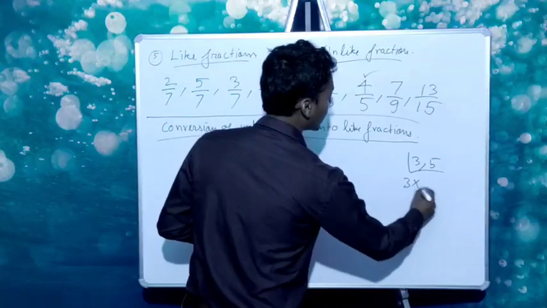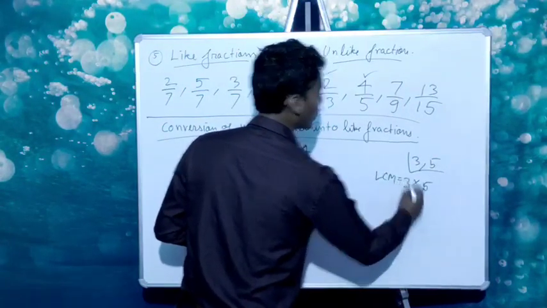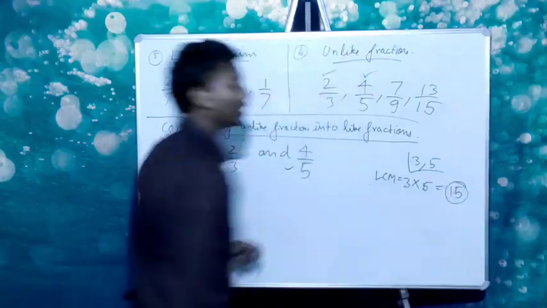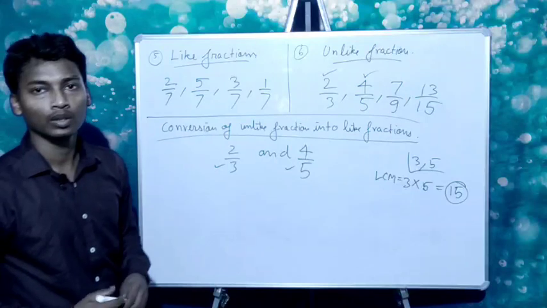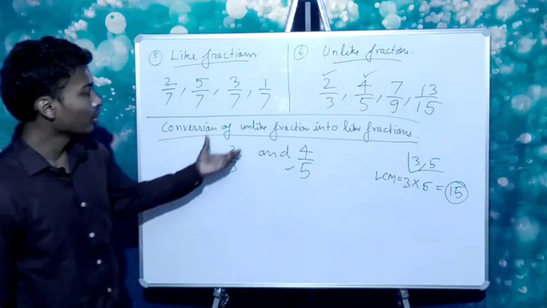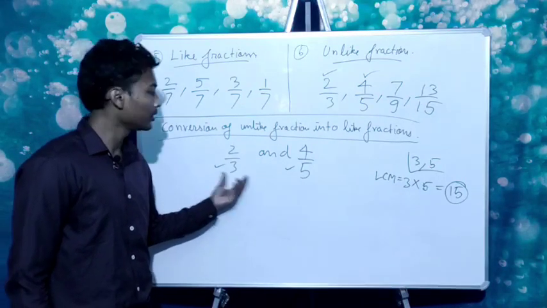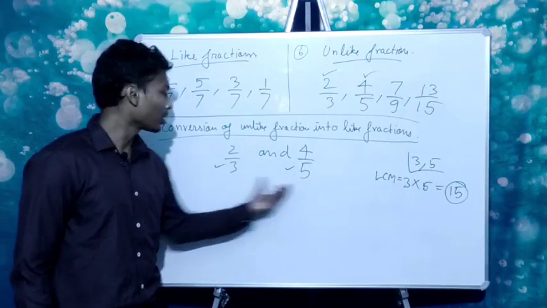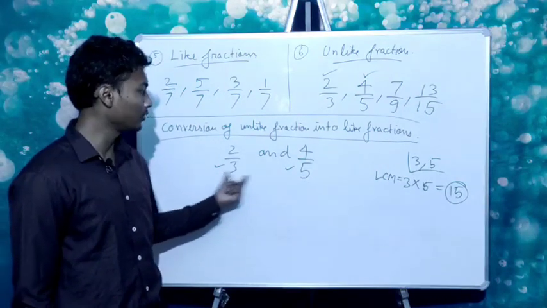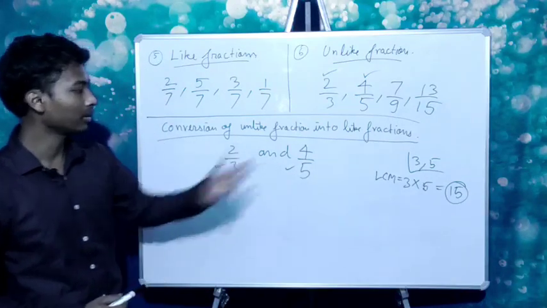So LCM is equal to 3 multiplied by 5, that is equal to 15. So 15 is the LCM. It means that the smallest number that can be brought about as a multiple of these two denominators is 15, isn't it?